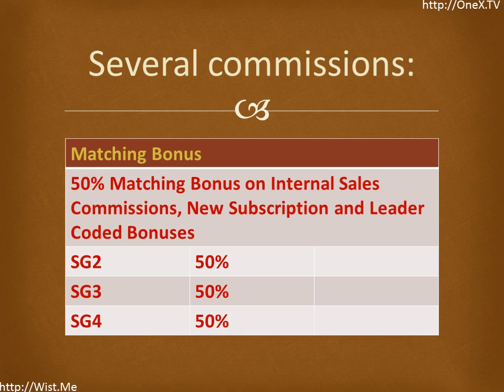A 50% matching bonus on all internal sales commissions, on all new subscription fees, and on all leader coded bonuses. I know that at this moment you have no idea what this could mean, but let me tell you that just this 50% matching bonus will make it so that you will never have to work anymore in your life. But we'll come to that later.